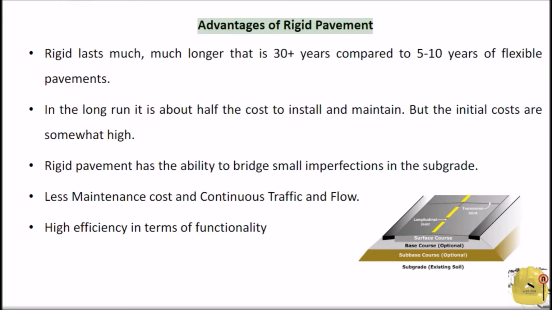Advantages of rigid pavement. Rigid pavement lasts much longer, that is 30+ years compared to 5 to 10 years for flexible pavements. In the long run it is about half the cost to install and maintain, but the initial costs are somewhat high.